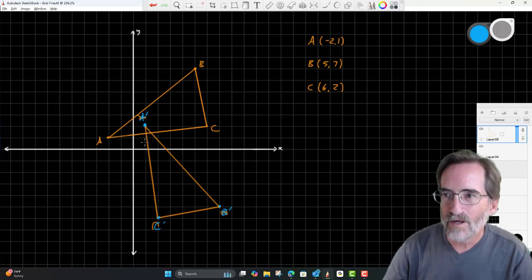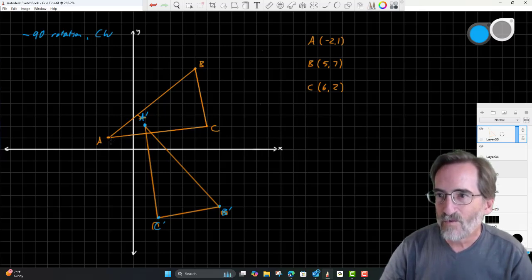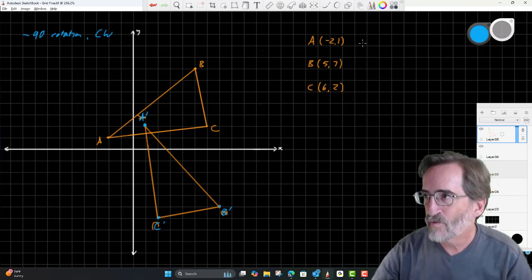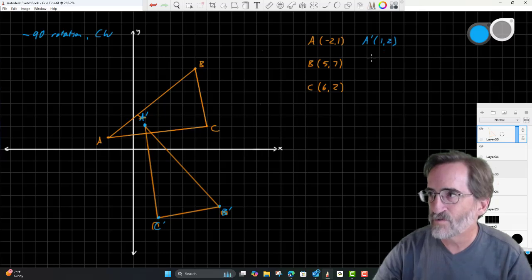So for a -90 degree rotation, which is clockwise, A was (-2, 1), and now A prime, the image of A, has become (1, 2).